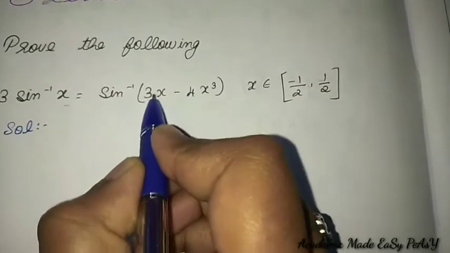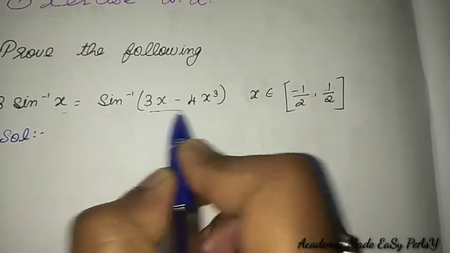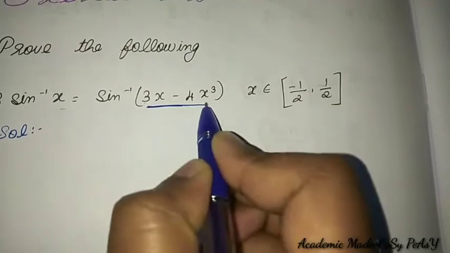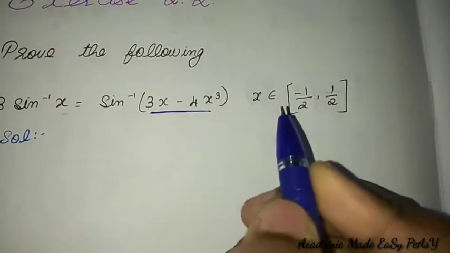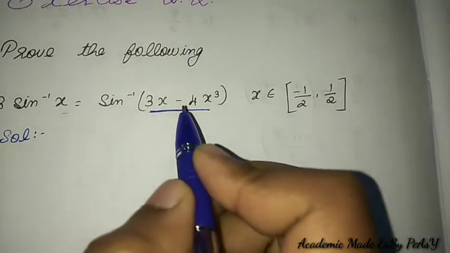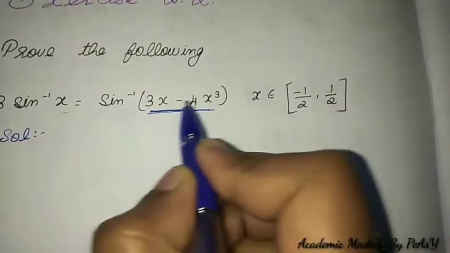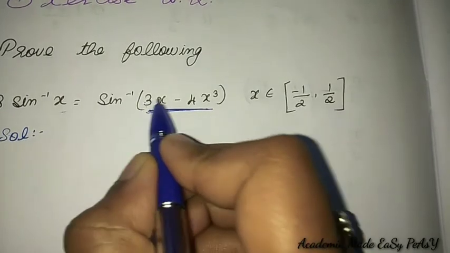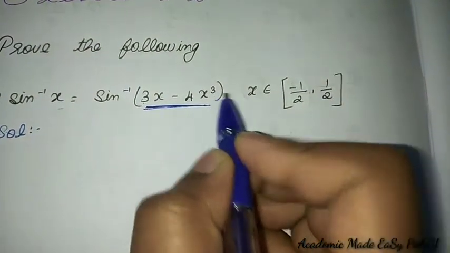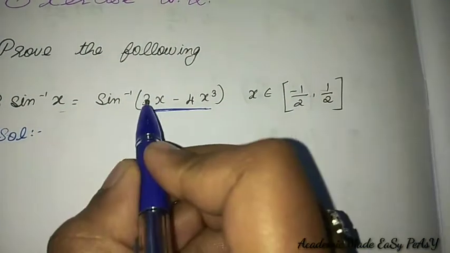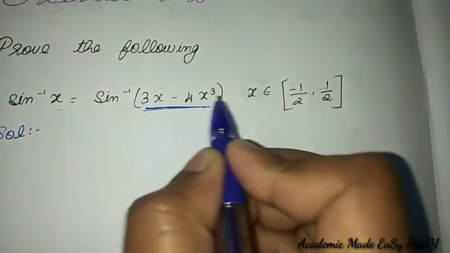Here we have to check in which form the RHS is, and mostly we use the RHS, so that it will be very easy for you all. It is of the form 3x minus 4x cube, so this is of the form 3 sin x minus 4 sin cube x.